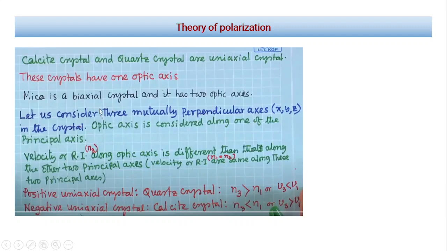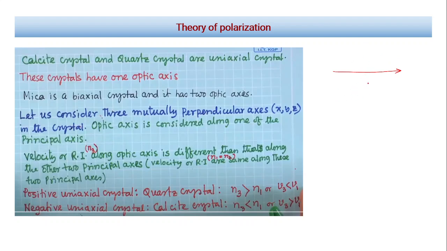Let's understand further. We have these two types of materials popularly used, calcite crystal and quartz crystal, which are uniaxial crystals. Uniaxial because only in one direction they have this different kind of extraordinary ray, and in other directions they have the ordinary ray.